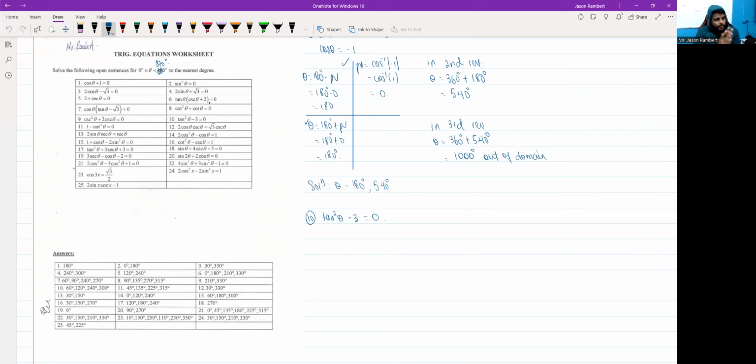As stated before, I want to get sine theta is equal to k, cos theta is equal to k, tan theta is equal to k. Over here, I have tan squared theta minus 3 is equal to 0. Let me try and get tan squared theta is equal to k. So I end up with tan squared theta is equal to 3.